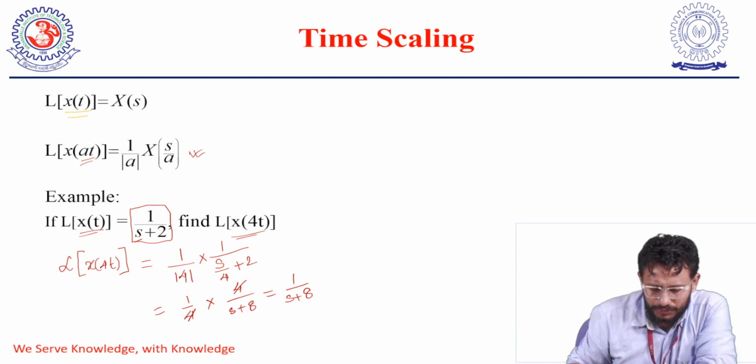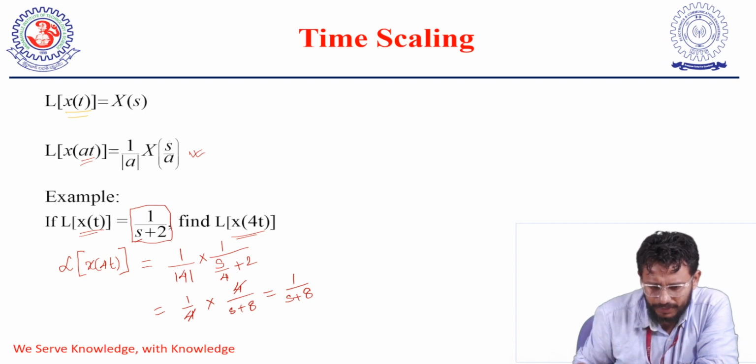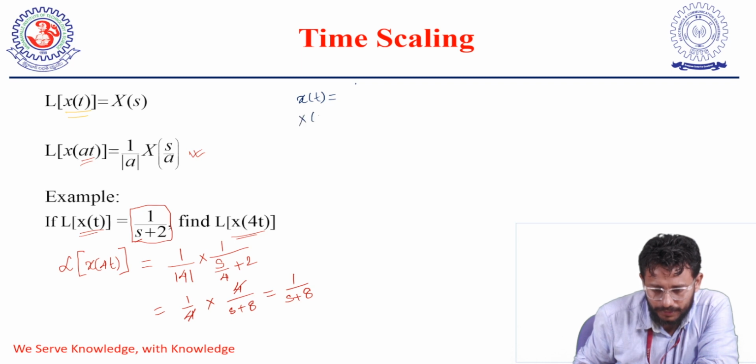Now I can show this maybe in a different form. Suppose for this particular question, we have x of s as 1 over s plus 2.